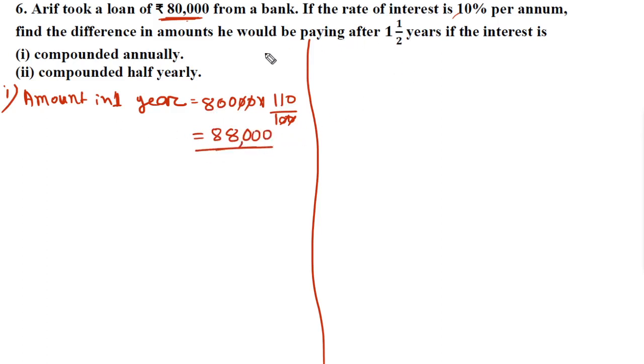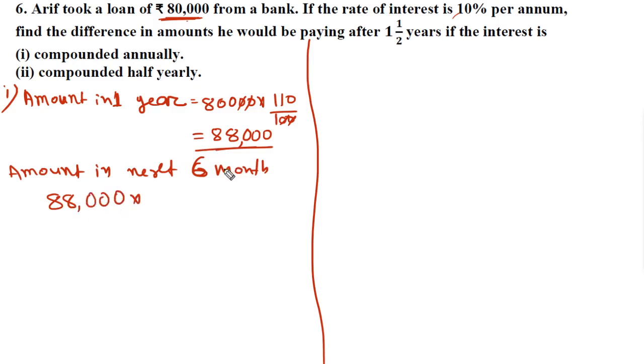Now again we have to find the amount after another 6 months. So amount in the next 6 months, or 1 by 2 year you can write. So it will be equal to 88,000. Now this will be your principal, 88,000 into, then for 6 months the rate of interest will be half of 10.